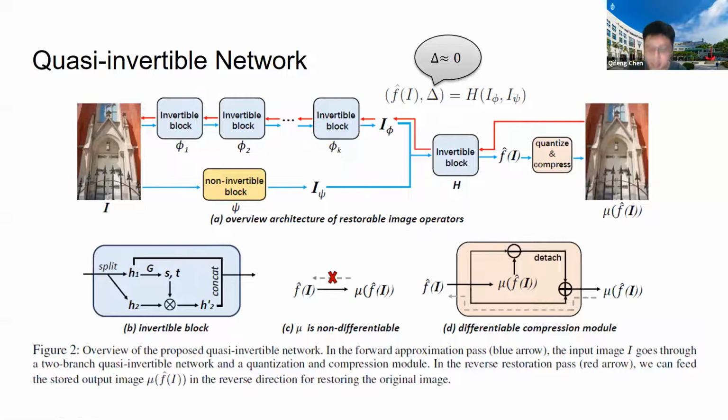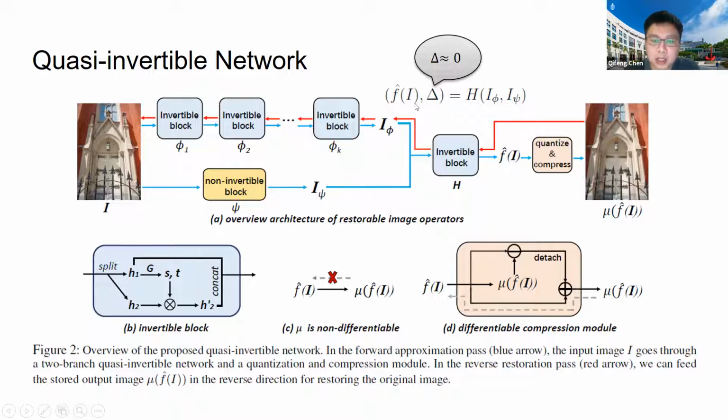What we designed is this: originally we only tried a purely invertible neural network, but we found there is some limitation of the invertible neural network. It's hard to approximate a lot of image processing operators. So we designed a two-branch neural network. The first branch would be purely invertible, and there is a second branch that's non-invertible.